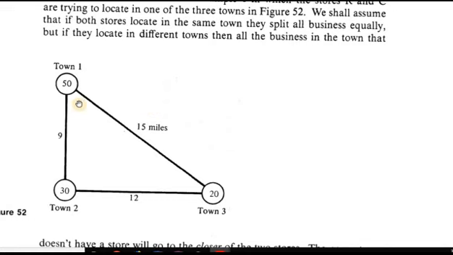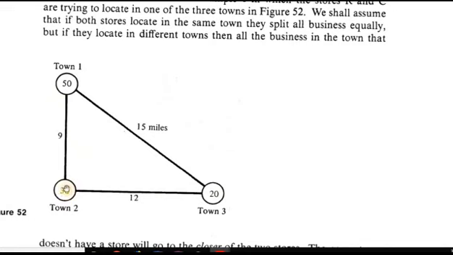So for instance, if one store locates here and one store locates here, then of course the people in town 1 will go to the store that's located here. People in town 3 will go to the store that's located here. What about the people in town 2? Well, town 2 is closer to town 1 than to town 3, so the people in town 2 will go to town 1.